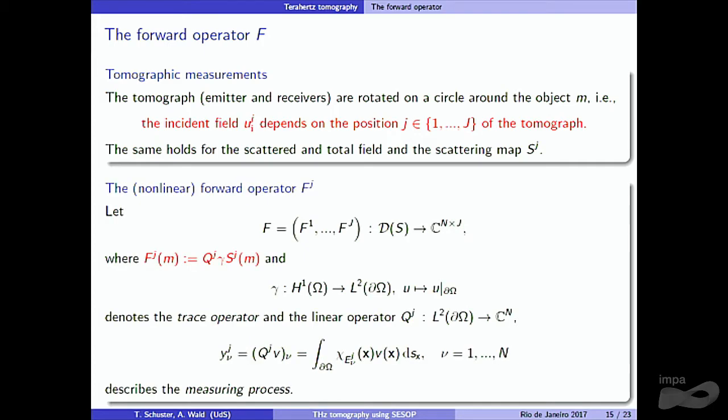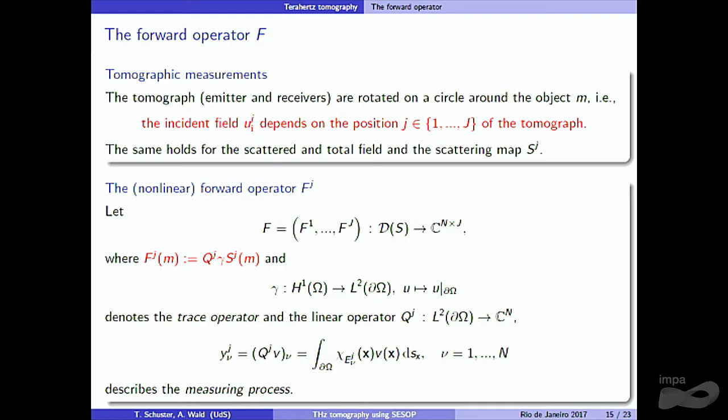So to describe our problem completely, we have not only the scattering operator, we also have a so-called observation operator to take into account. The nonlinear forward operator consists of this tuple of measurements, where for each position of the detector we have the scattering operator, then the trace operator, which restricts our solution of the Helmholtz equation to the boundary.